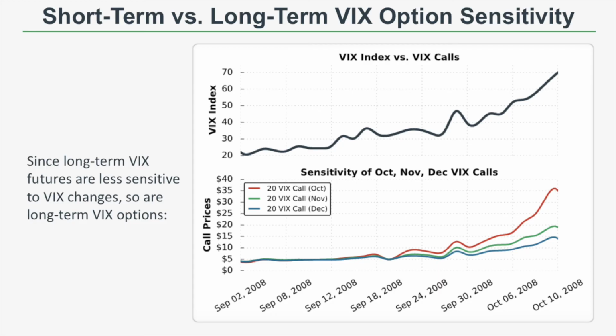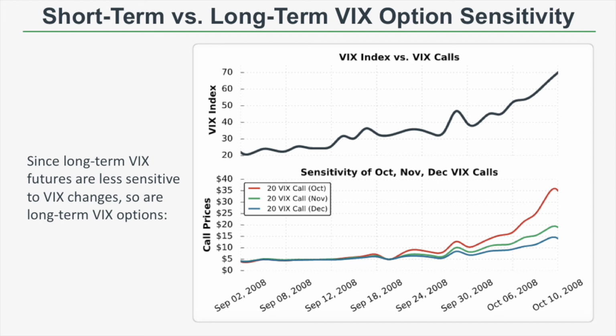As we can see here, each option started just below $5. While the October call rose to a value of around $35, the November call only rose to a value around $20, and the December call only rose to a value just short of $15. So the call options with more near-term expiration dates were much more sensitive to changes in the VIX index.